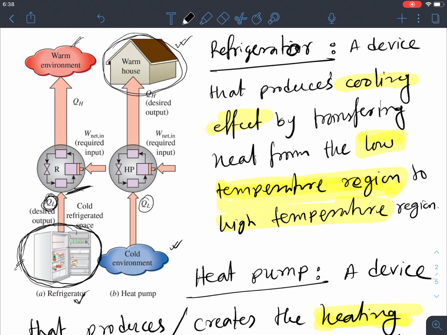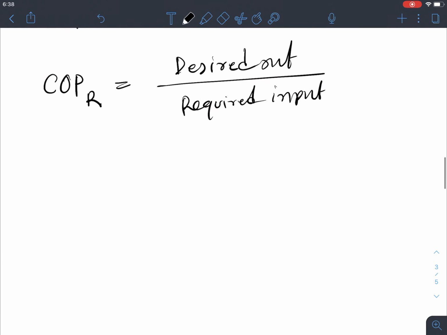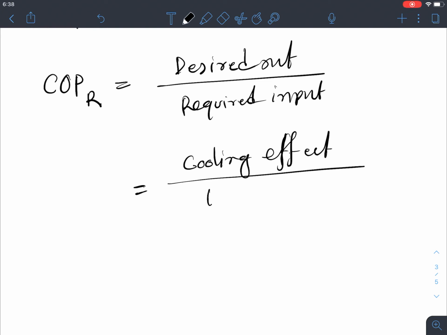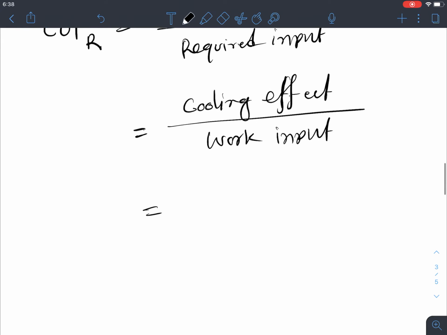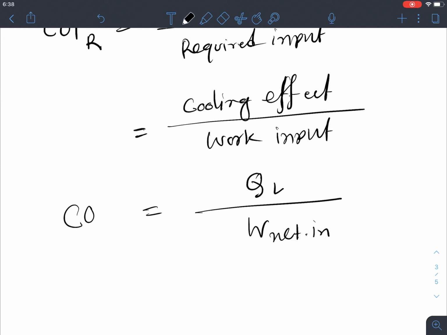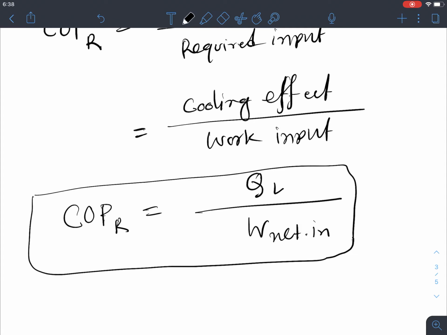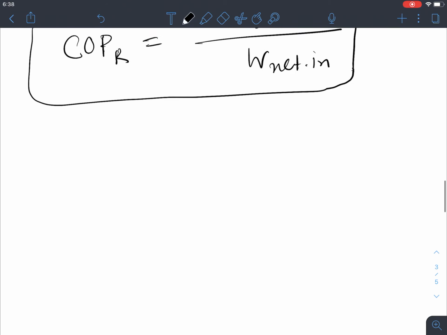So that's the output to create the cooling effect. Desired output means the cooling effect, divided by the required input, which is nothing but the work input. So the cooling effect is QL, the cooling load, divided by W_net,in. So that's the COP of a refrigeration cycle.